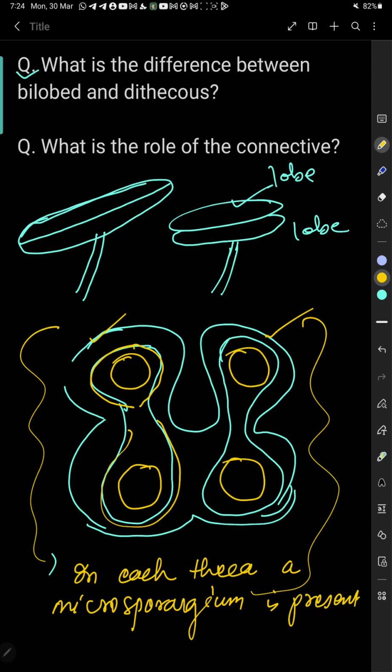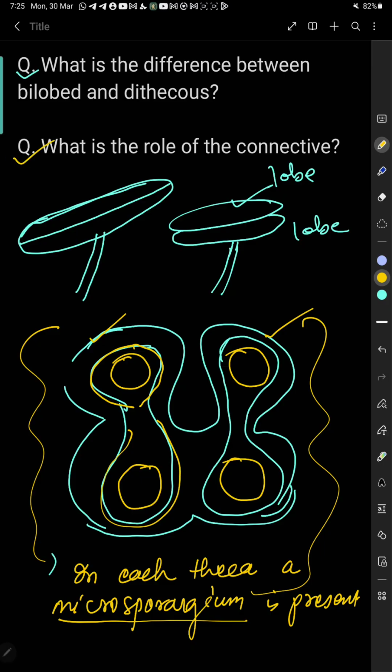So total how many theca are there? 4 theca are there. And so in total how many microsporangia are there? 4 microsporangia are there. I think you got it.